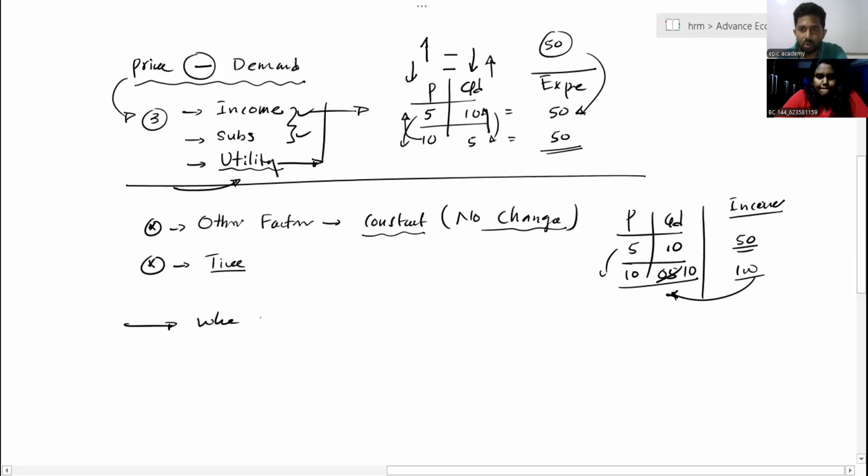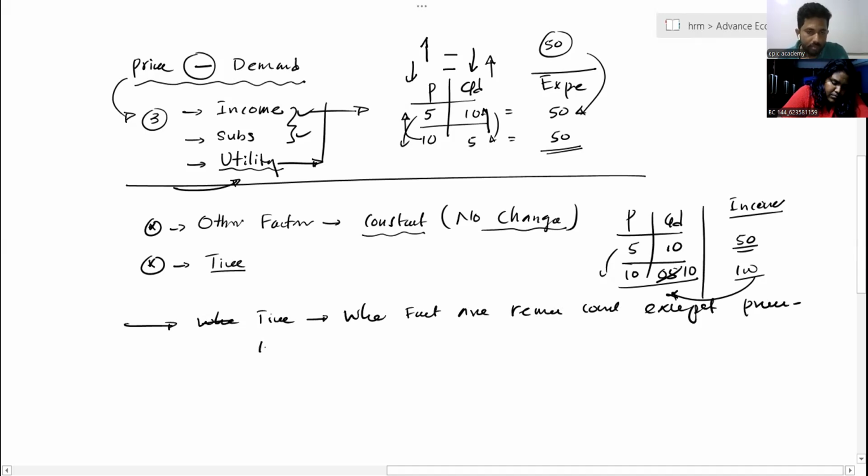Within a certain time period, when other factors are remaining constant, except price, price changes create buying ability changes.